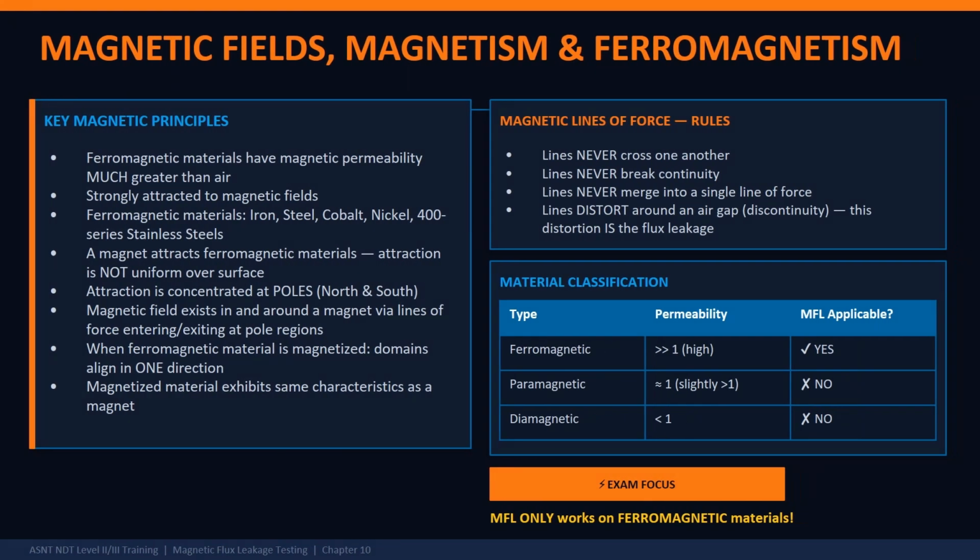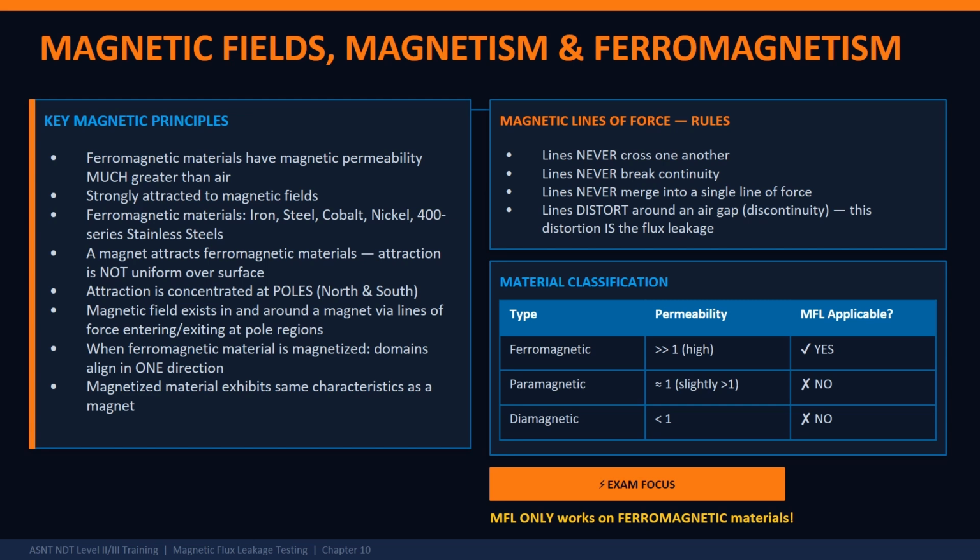To understand MFL, you must first understand magnetism. Here is the foundation. MFL works only on ferromagnetic materials. I repeat. Only ferromagnetic materials. That includes iron, steel, cobalt, nickel, and some 400 series stainless steels. Can we inspect aluminum with MFL?